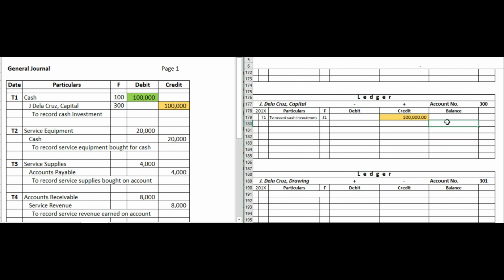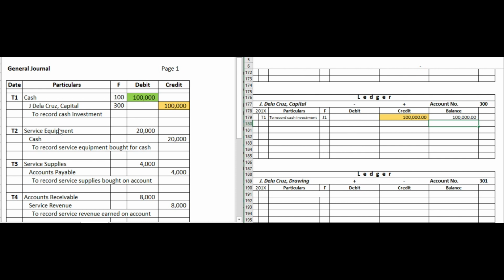Sabi natin, ang normal side ng capital, accordingly, normal side is credit. So, plus positive actually yan. Lagyan na natin yung balance niya, 100,000. Tuloy-tuloy lang yan. Ipopost natin lahat to. Anyway, these are only 7 transactions.